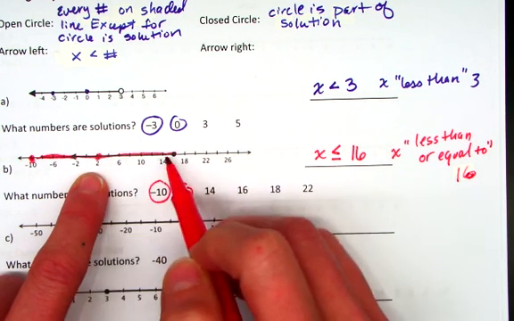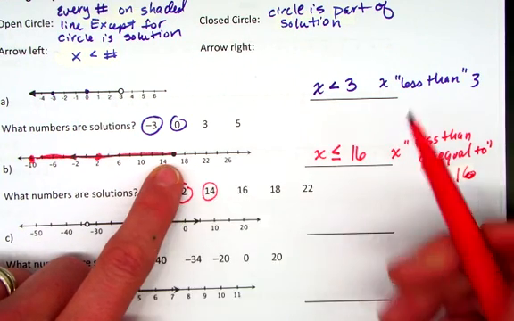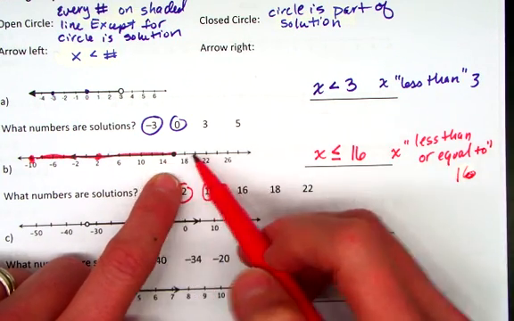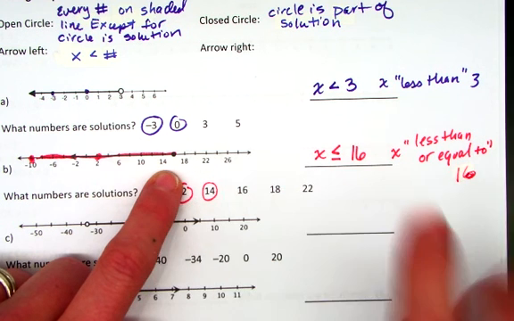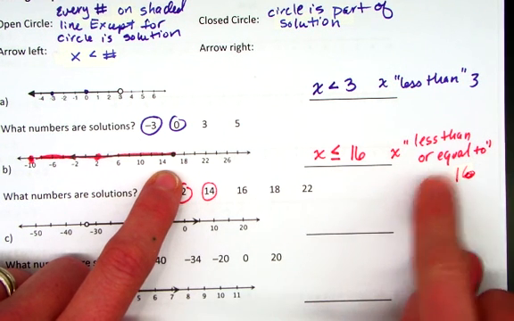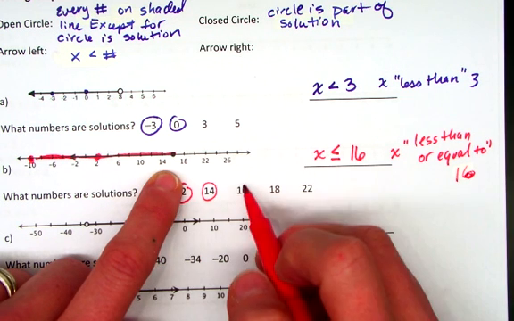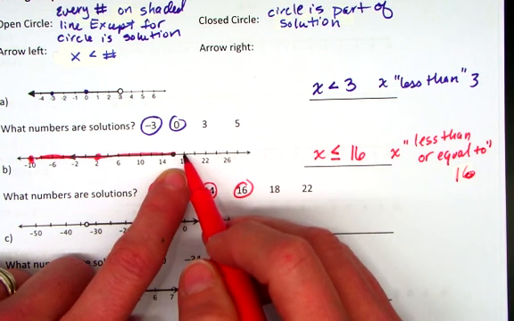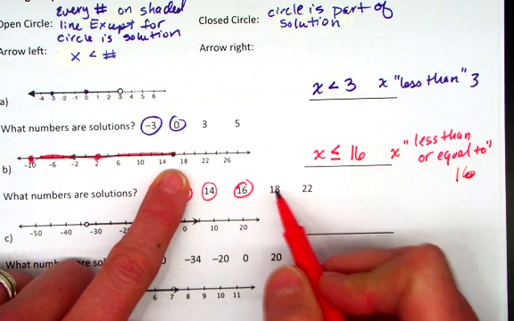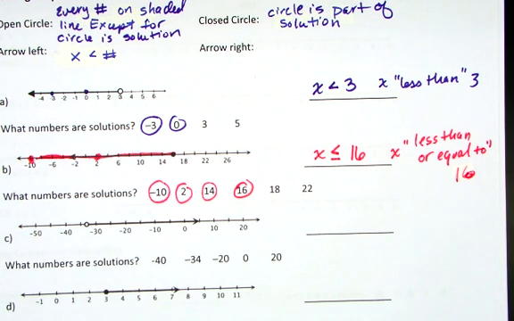We come up to 14. That's on the line. 16, not labeled, but that's the point in the middle of 14 and 18. 16, it can be equal to. So realize if you're stating it correctly, x is less than or equal to 16. This is a solution. 18 is not part of our line, so that is not. And 22 is not on my solution, so it is not.